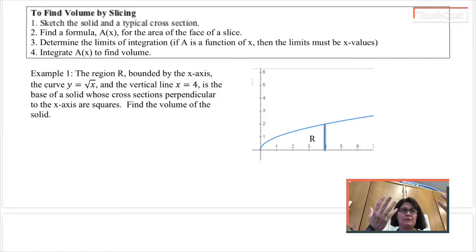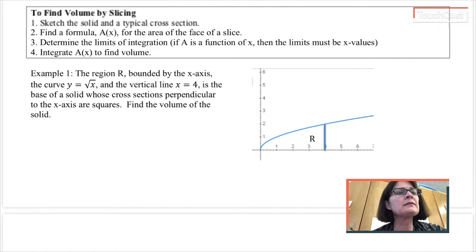There's some kind of solid, some kind of blob shape that looks like R where it hits the ground, and coming up out of R, if I sliced it perpendicular to the x-axis, every slice looks like a Kraft cheese single. It looks like a square, but it has thickness. So I want to try to write an integral that's going to give me the volume of the solid. So step one, I'm going to try to come in here and draw a typical slice.